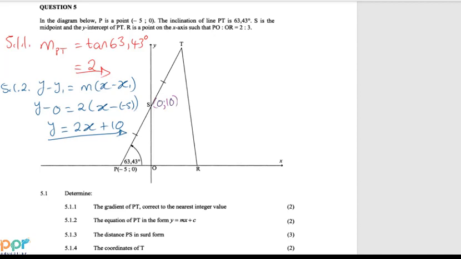So this y-intercept of PT cuts the y-axis and gives us the y-coordinate of S. From the origin to here it's 10 units, from here to here it's 5 units.